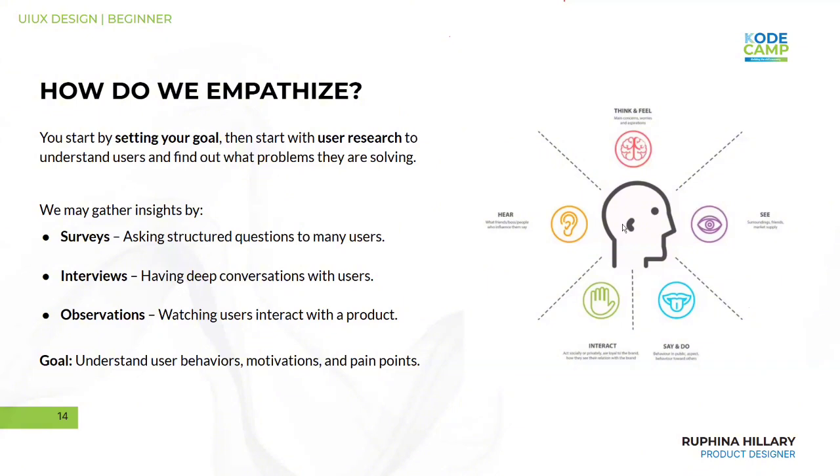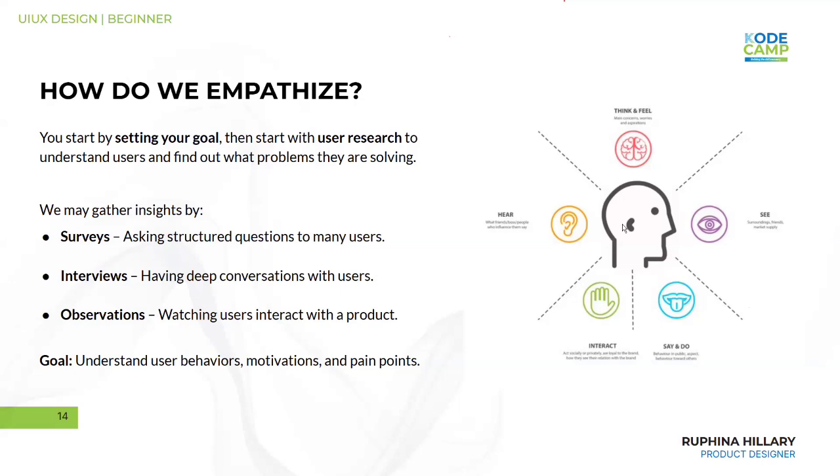Then we start with user research to understand users and find out what problems they are solving. So now, like I told Desmond before, we can gather insight by surveys, by asking structured questions to users, interviews, having deep conversations with users, or observations. It can be as simple as observing users interact with the product. So the goal of empathy is to understand user behaviors, their motivations, and their pain points.